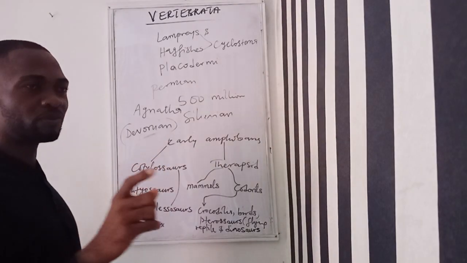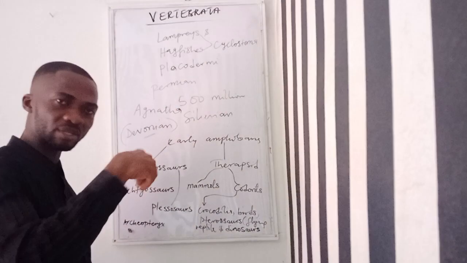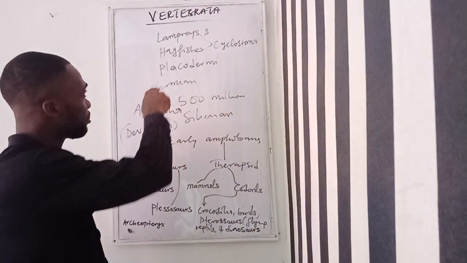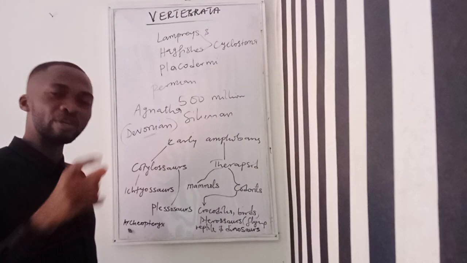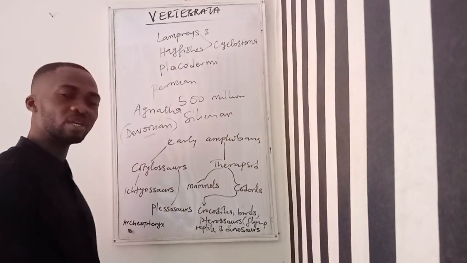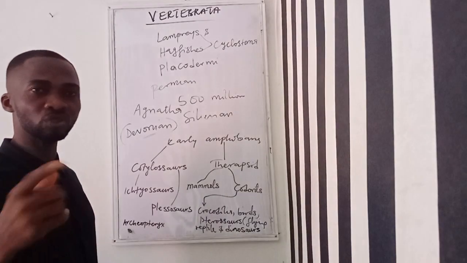And there was a kind of evolutionary change that occurred when the Placodermi emerged, because they now came up with a feature that was not in Agnatha, and that feature is the presence of jaw.